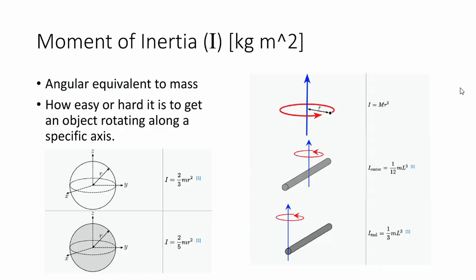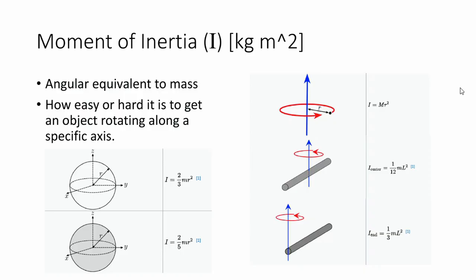So if you take this rod and you rotate it about a point on its center, then it is very easy to rotate it. But if you instead try to rotate the rod about a point on the end of the rod, it becomes much harder to rotate.